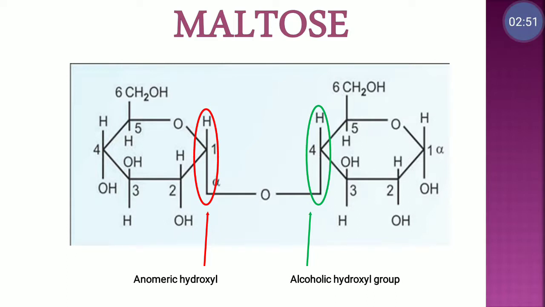So both these hydroxyl groups participate in the formation of glycosidic bond to form maltose. But in the structure shown on the right hand side, at the first carbon atom you will find there is an OH group. This OH group is the anomeric OH group which is free, and it is free for reduction. It can be easily reduced. That's why this maltose is called a reducing sugar.